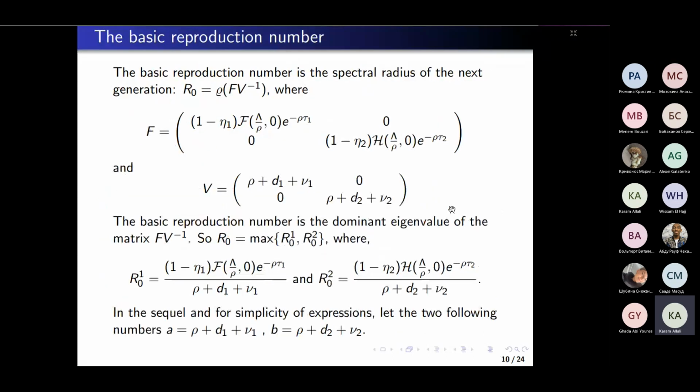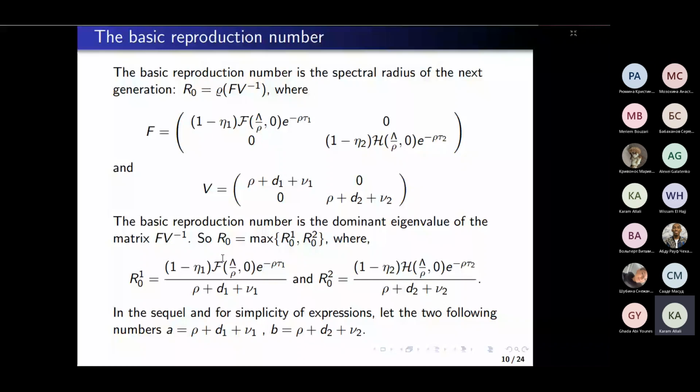Here we have two quantities, R01 and R02. R01 is called the first strain basic reproduction number, and R02 is the second strain basic reproduction number. Why do we give these names to these quantities?